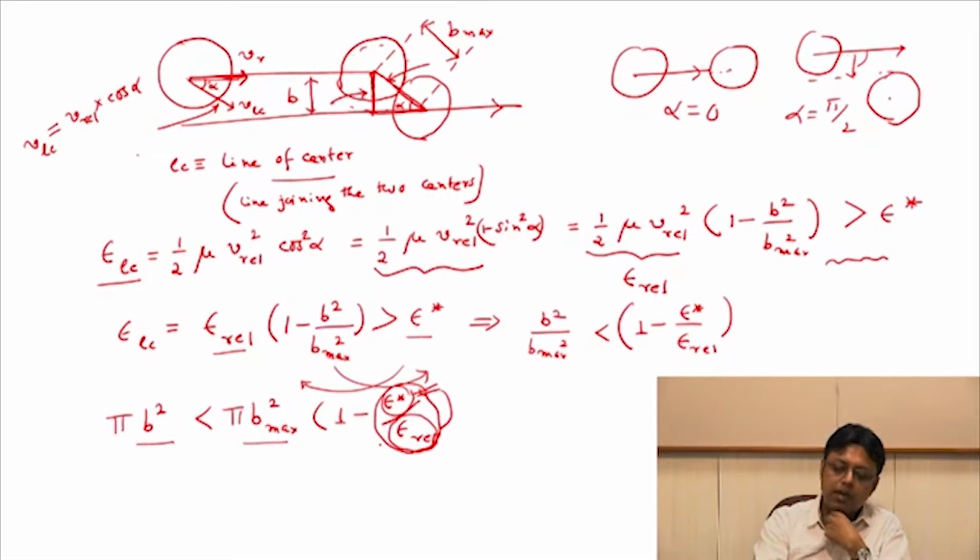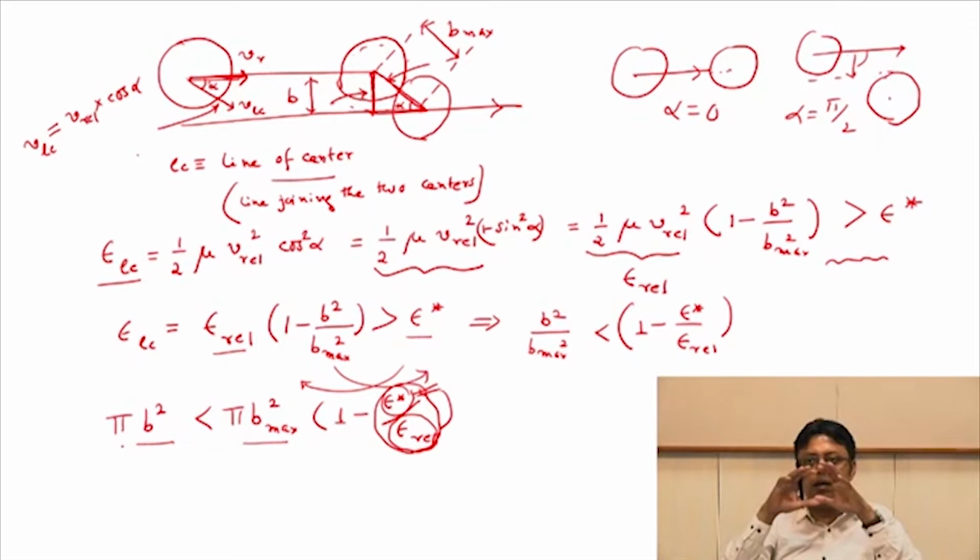Now if epsilon star has a value, suppose epsilon star by epsilon relative is 0.5, then I get 1 minus 0.5, which is 0.5. What I'm saying is that the reaction cross section is not exactly pi b max squared, it is slightly less, half of that area.